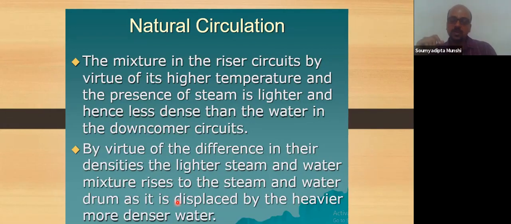So as the water is coming through the downcomers and the density of the mixture is lighter, it automatically, with the help of the pressure, goes back to the drum, and in the drum the water and the steam are separated.